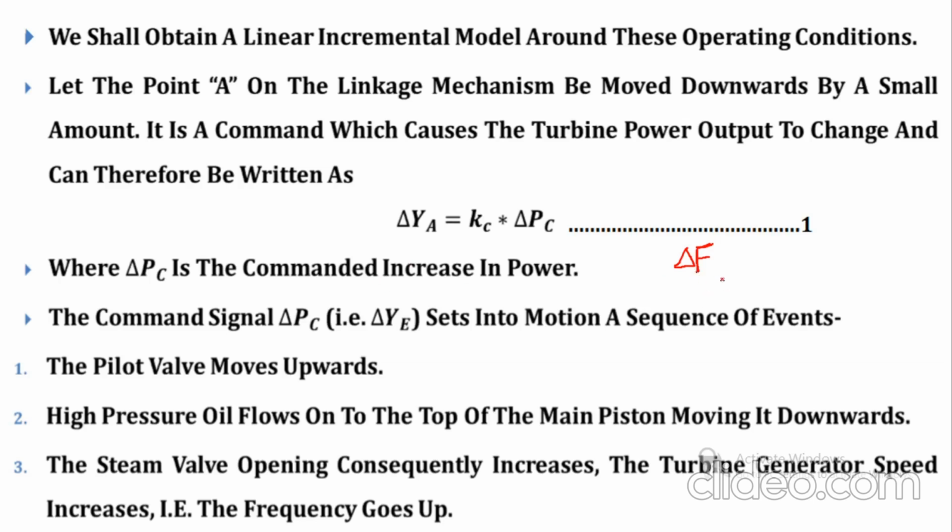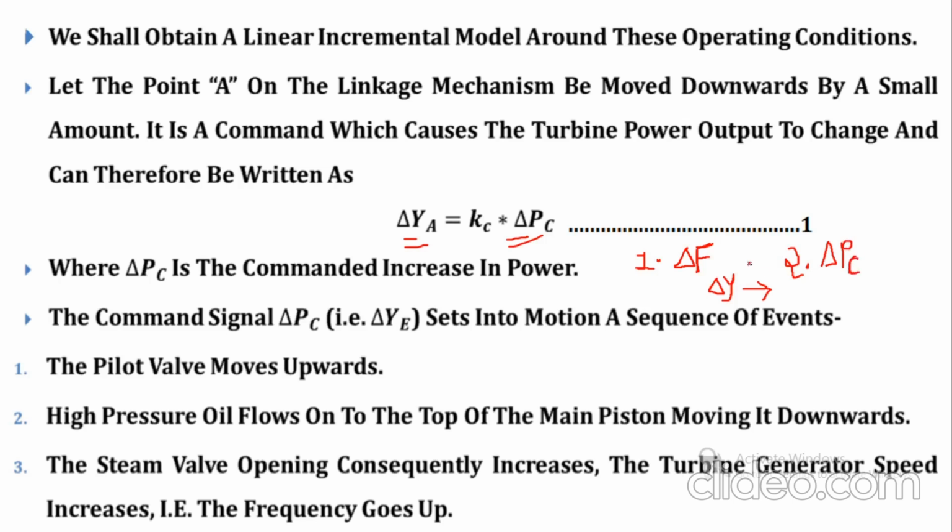Let me write over here delta f as the first input, and the second input is the valve setting. In the same way we can say that this valve setting is proportional to the incremental power or command power. So we can say that our second input is the command signal. So I can write delta PC, that is our command signal.